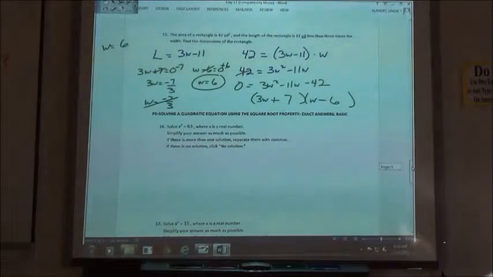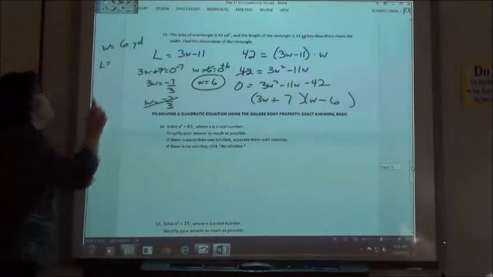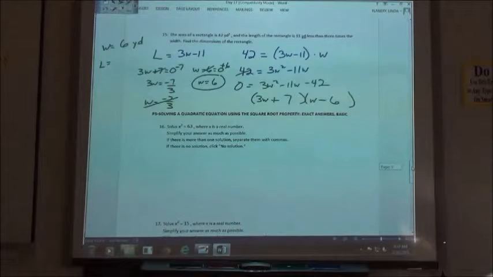So if my width is 6, I still need to find my length. How am I going to find my length? It's going to be 7.